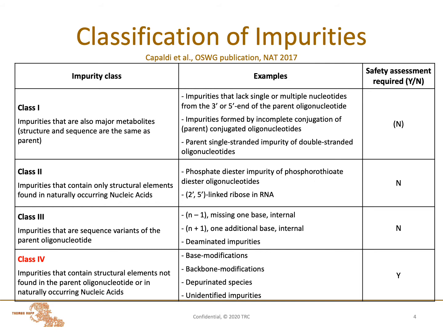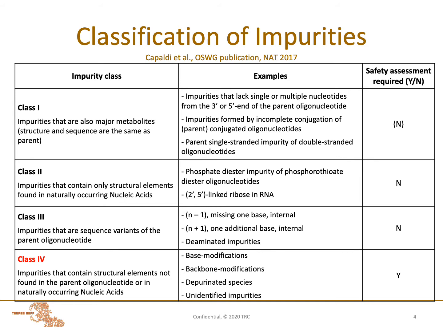Impurities formed by incomplete conjugation in a conjugated oligonucleotide, for example, with a GalNAc or a cholesterol that misses the GalNAc or the cholesterol, would be a class 1 impurity. And then, of course, in siRNA, a parent single-stranded impurity of the double-stranded oligonucleotide would be a class 1 impurity. Safety assessment of these impurities is usually not required, or as they are major metabolites, they're covered in the tox studies anyway.